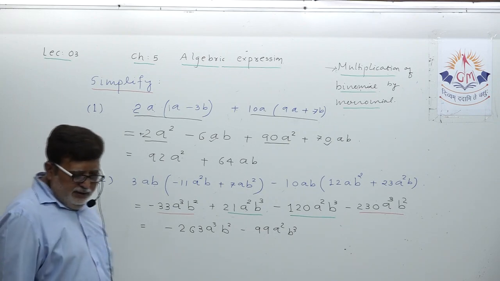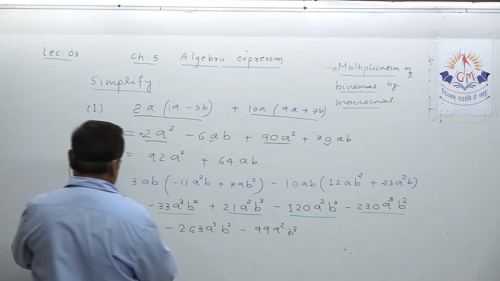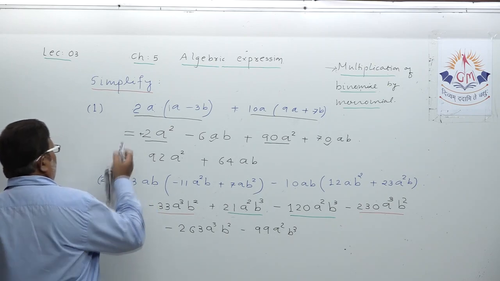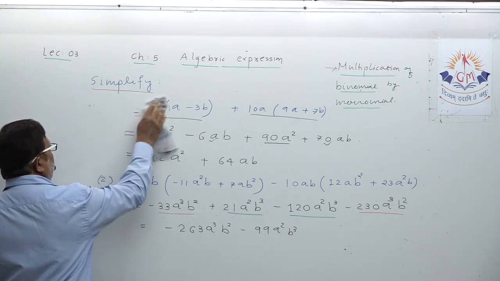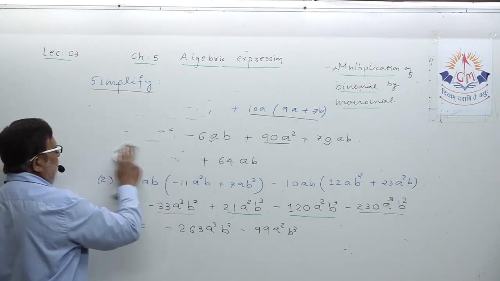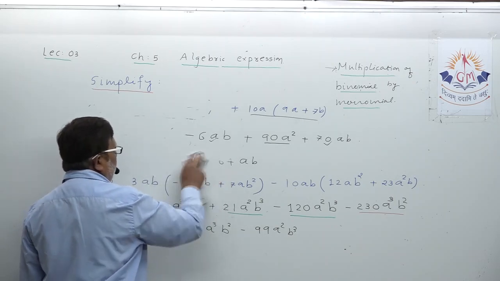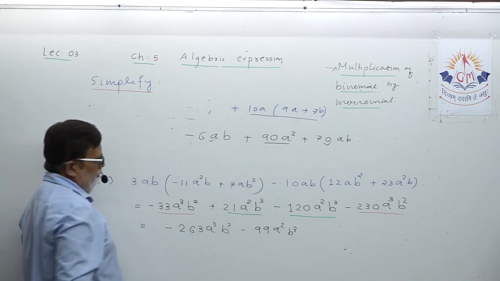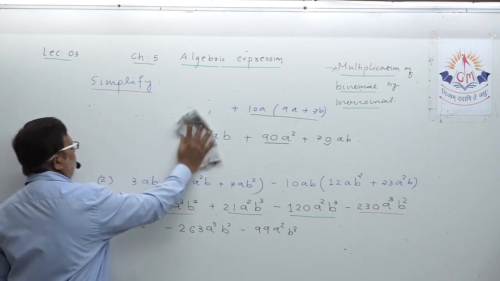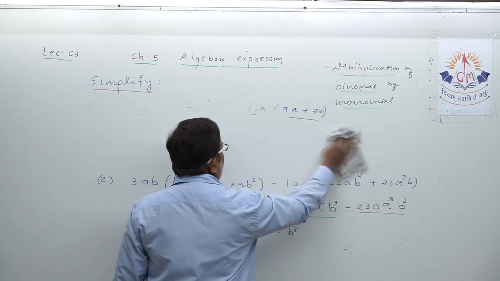Right? Let me take one another example. Okay? I am just erasing the first example, not the second one. So please be watchful and verify the second sum, okay? Just verify yourself.